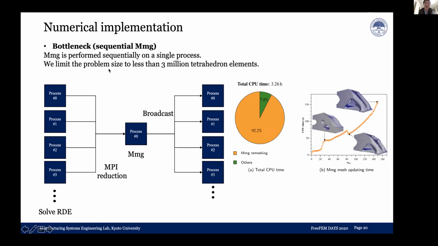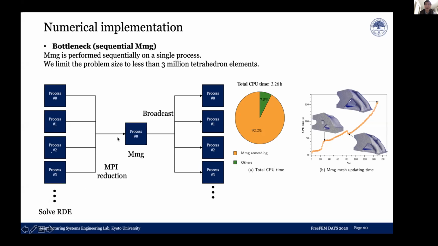Here, we also wanted to discuss a little bit about the limitations or the bottleneck for now. It comes from the sequential package MMG. So once the level set function is updated by solving the RDE in parallel, we generate a global level set function by performing an MPI reduction on process 0.